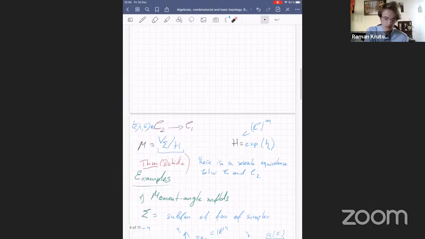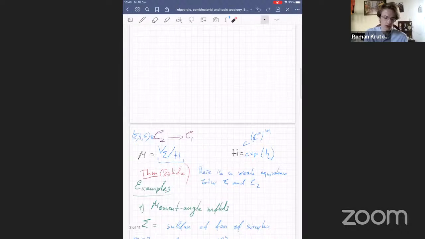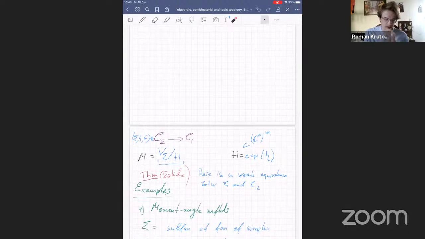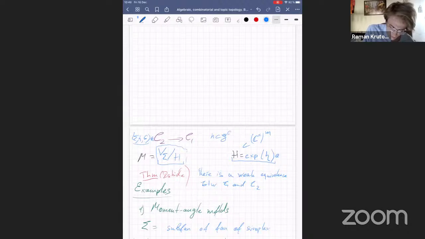Well, then how to go from the category C2 to the category C1? Having this triple, we associate to it the manifold, which is equal to V sigma quotient by H, where H is the exponent of H, and it sits inside of a compact algebraic torus since H sits inside of GC.